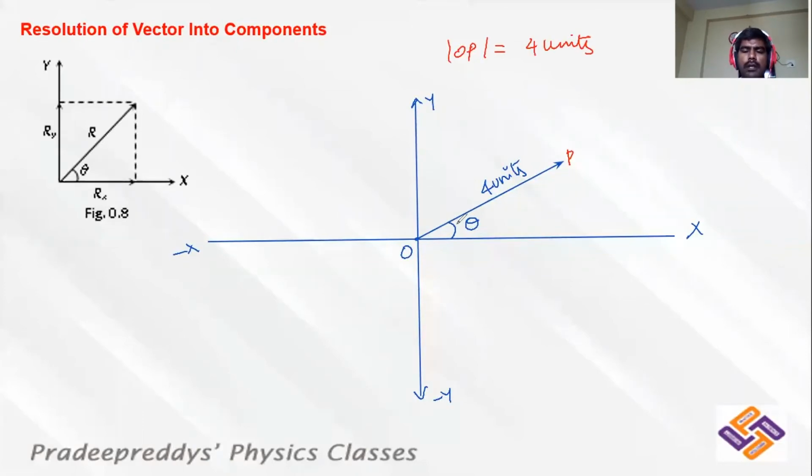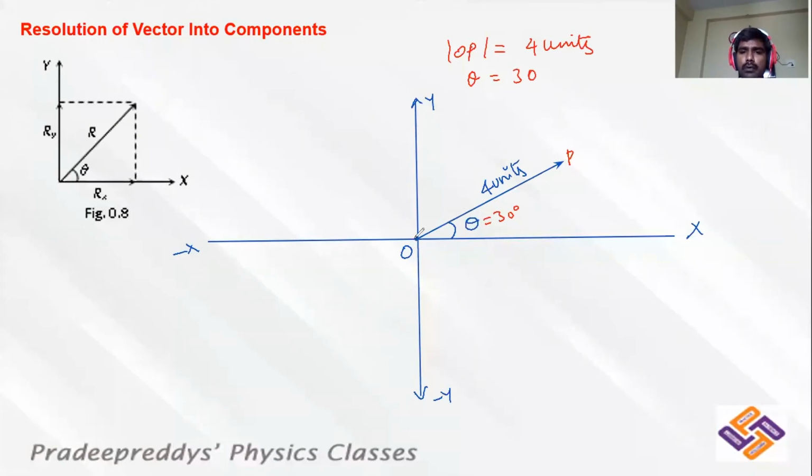The angle made by the vector with respect to the x-axis is also known, let me consider this angle as 30 degrees, that is theta, mentioned as 30 in this case. Sometimes they will give you the hypotenuse, or the magnitude of the vector, and the angle.